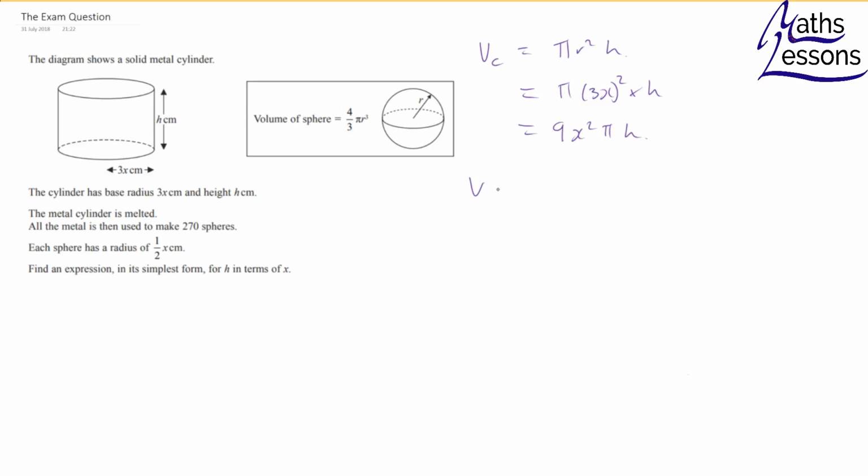The volume of one sphere is going to be 4/3 pi r cubed, and r is equal to x over 2, or half x. A common mistake is just to cube the x and not cube the half. We're going to avoid that mistake. x cubed is x cubed, 2 cubed is 8, and we can simplify this because 4 over 8 is just a half.